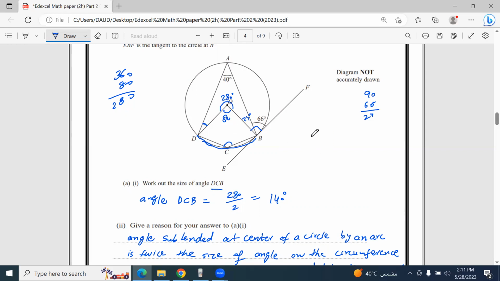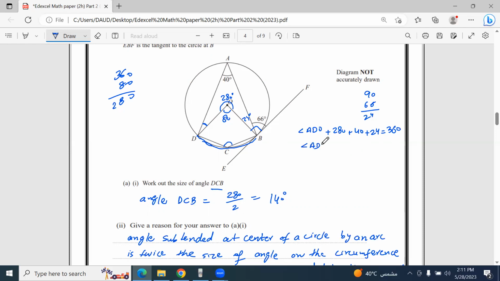So if I try to find it here, I can say that angle ADO plus 280 plus 40 plus 24 equals 360. And remember the reason, you can say that the sum of interior angles of any quadrilateral adds up to 360.